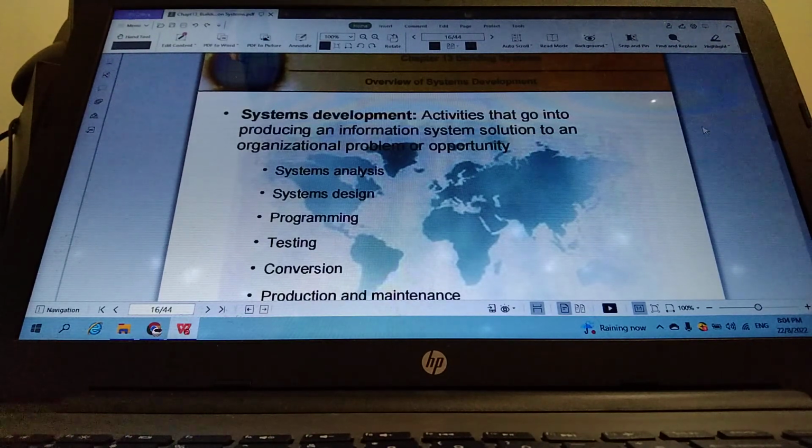Upon completion of system analysis, we will move on to what we call system design. Like system analysis, these are very complicated tasks, and lengthy activities or steps are involved in these two processes. Continue with programming.